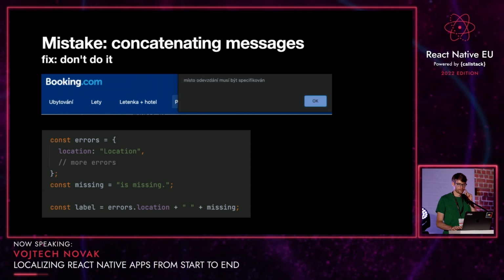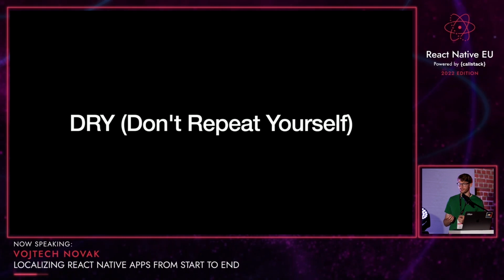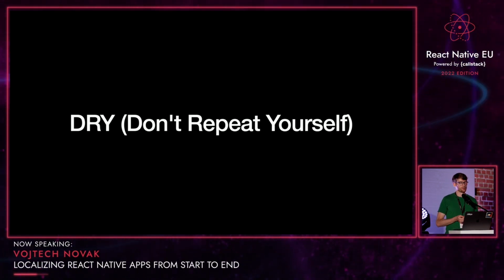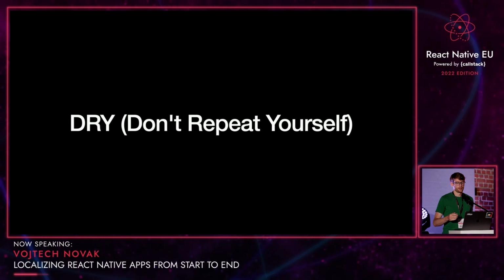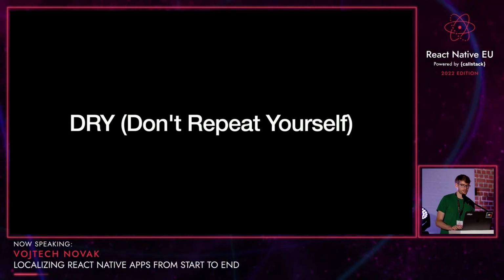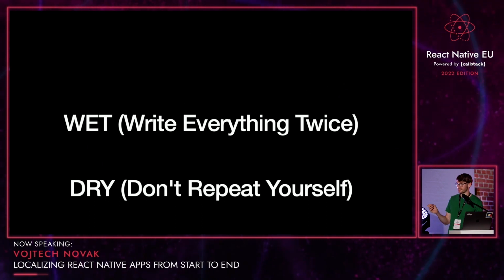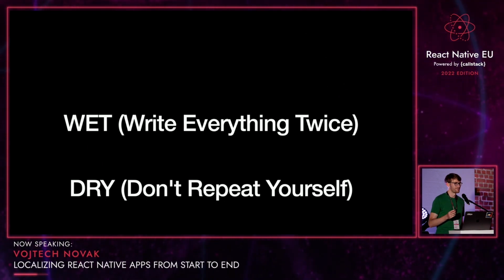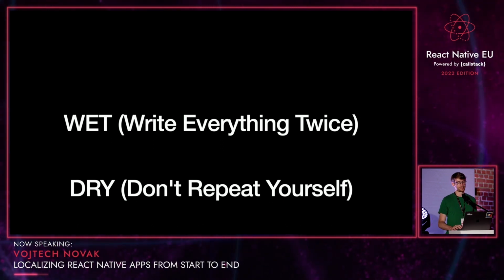And I think this approach stems from us developers hating duplication. We try to avoid it at all costs, and we often follow the principle of don't repeat yourself. But with translations, it is oftentimes the case that you actually want to be WET. You actually want to write everything twice rather than not repeating yourself.